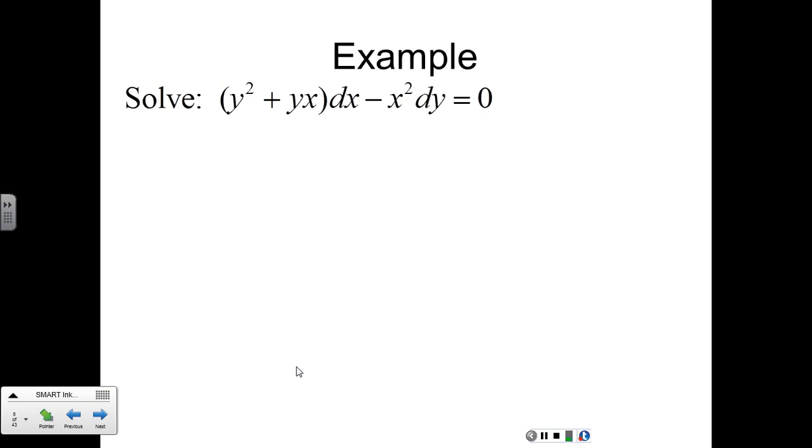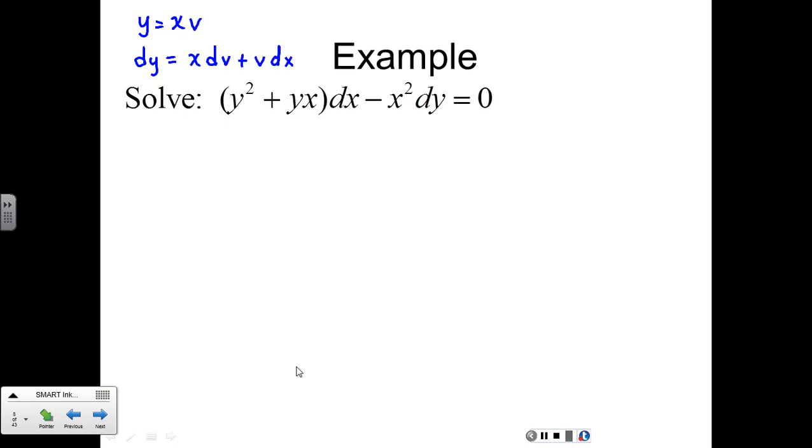So everywhere I have a y, what am I going to put in? X times v. And everywhere I have a dy, x dv plus v dx.